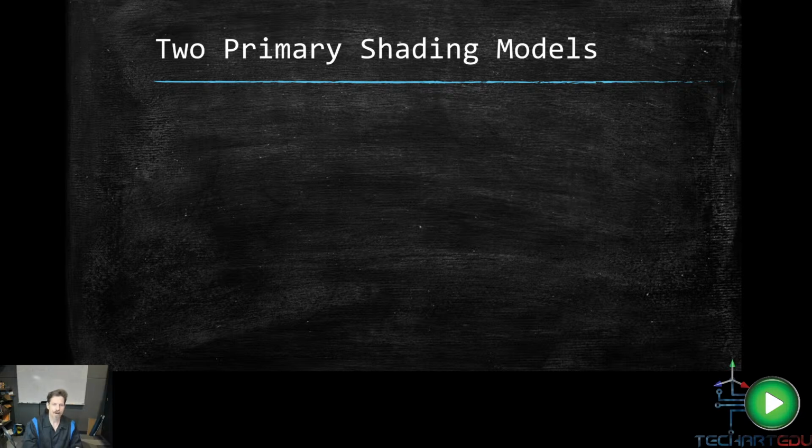All right, now we have to talk about rendering. How do you actually make something render? Well, these 7 stages are taken into consideration. But what do you do with those 7 stages? There are 2 big shading models. The first one is the old school model. I call it that because it's the one that started off.